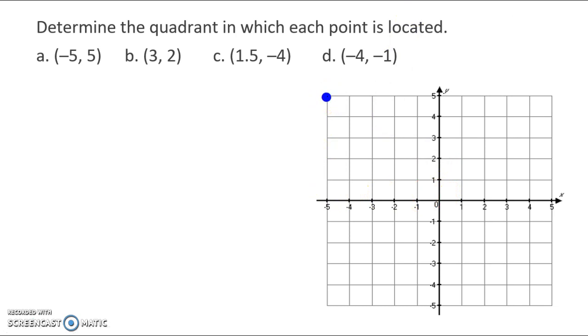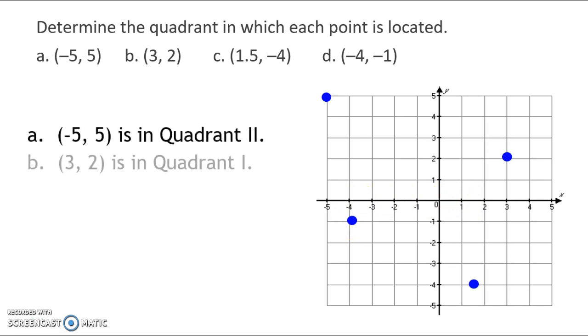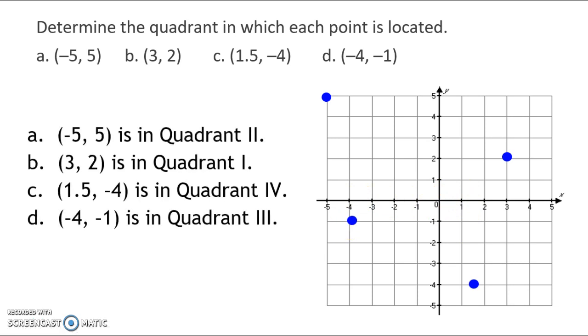So that is quadrant 2. (3, 2): move right 3 and up 2, and that's quadrant 1. (1.5, -4): we move right 1.5 and down 4, that's quadrant 4. And then (-4, -1) would be in quadrant 3. So there are all of those written out.